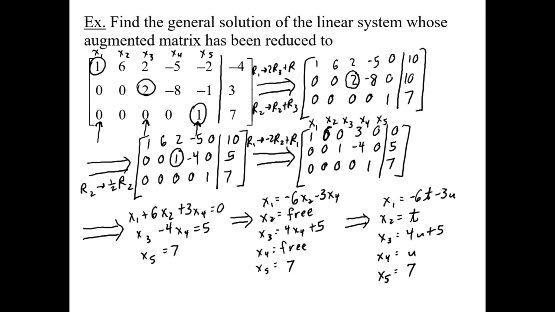So x1, x3, x5 were my basic variables. And my free variables came from columns that had no pivot. So we don't even need the reduced echelon form. From the echelon form, we can identify which are the pivot columns and which are not. And that'll tell us right away which are my free variables and which are my basic variables. You still need the reduced echelon form to describe those, but at least we can identify them just from the echelon form.